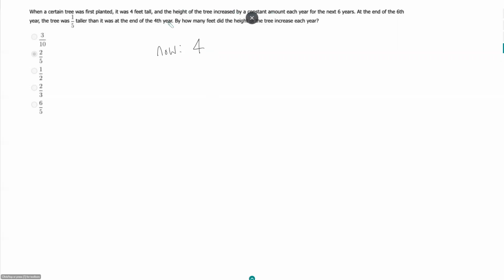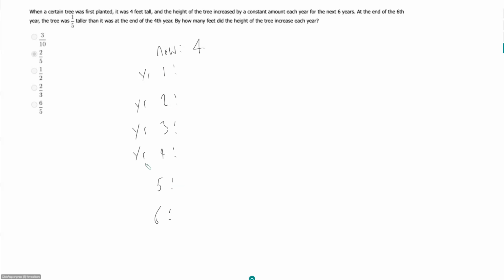And then the height increased by a constant amount each year. So not a constant percent, but by a constant amount. So a set value. So after year 1, after year 2, after year 3, we've got 6 years of growth that we're looking for.